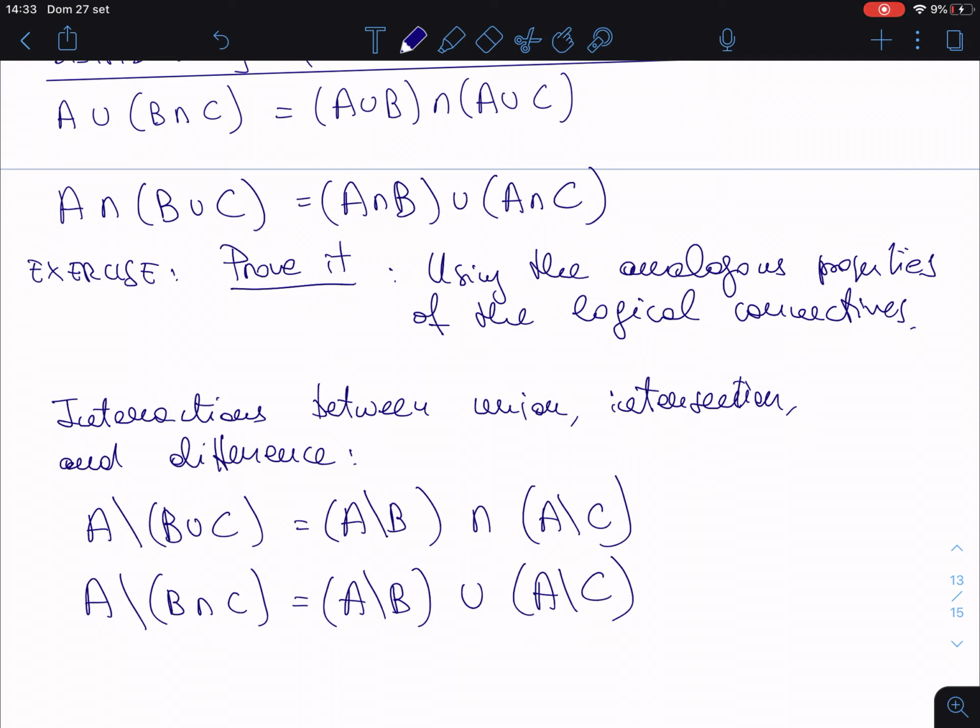Okay, this is very, very basic. Again, if you want to prove it, just use the properties of the logical connectives.